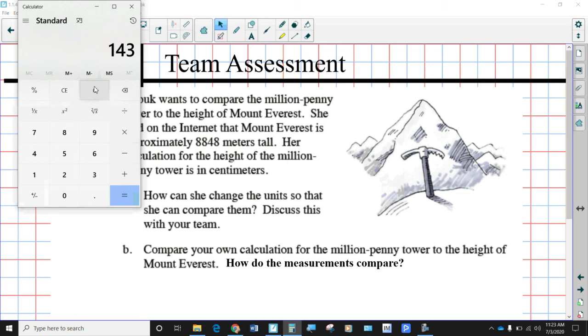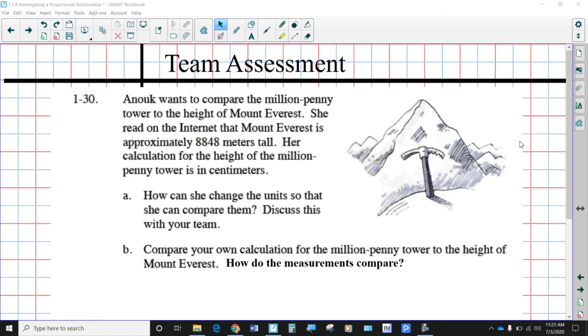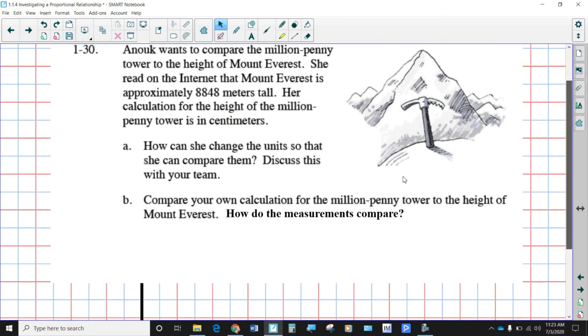No, hold on. 8,848 and divide that by 1,430, which would be if we rounded it up to 14.3 instead of 14. It's still about 6. So yeah, let's estimate that Mount Everest is about 6 times the height of our Million Penny Tower.